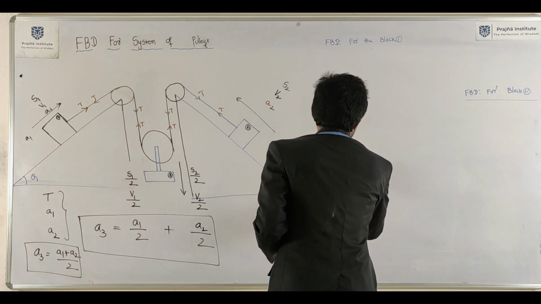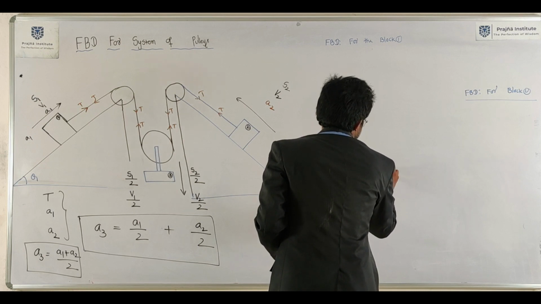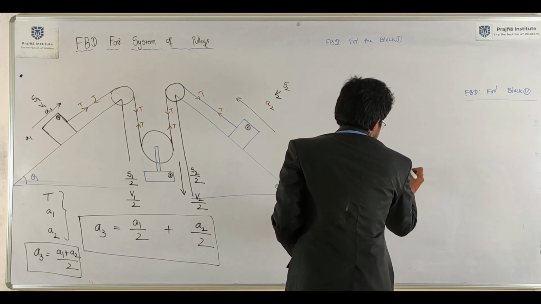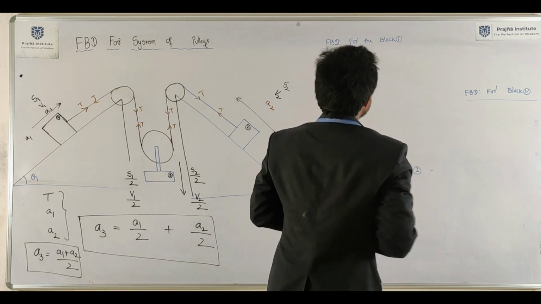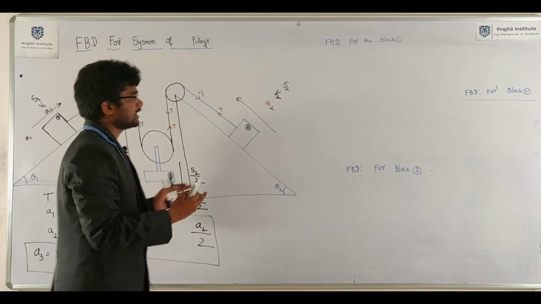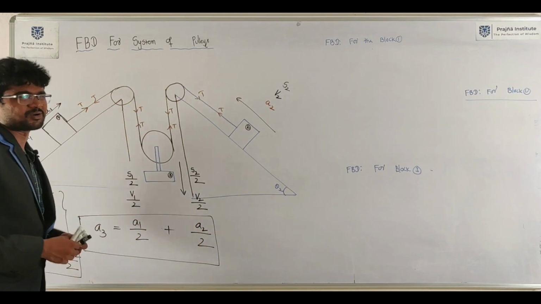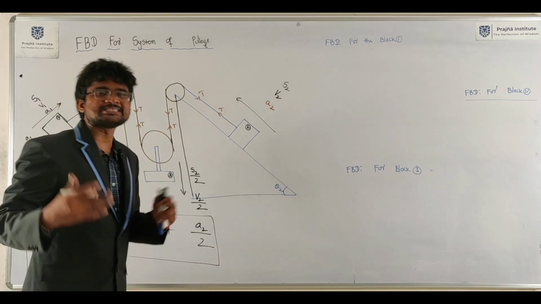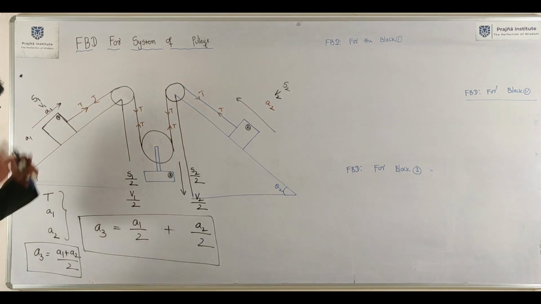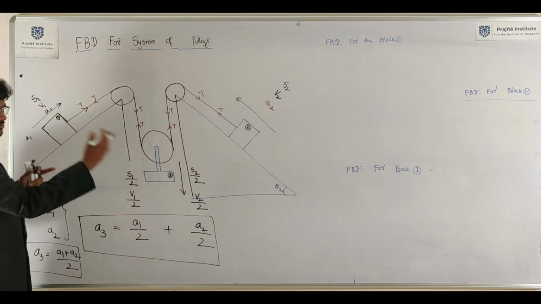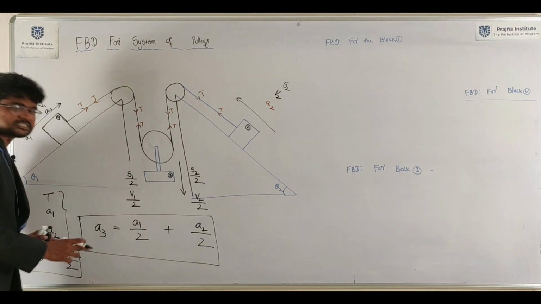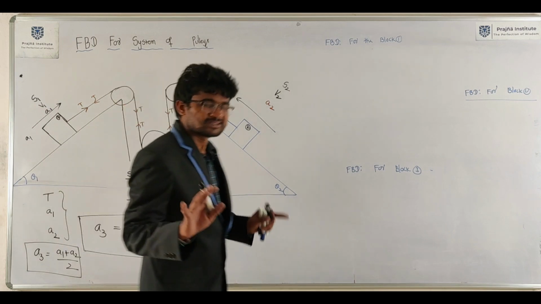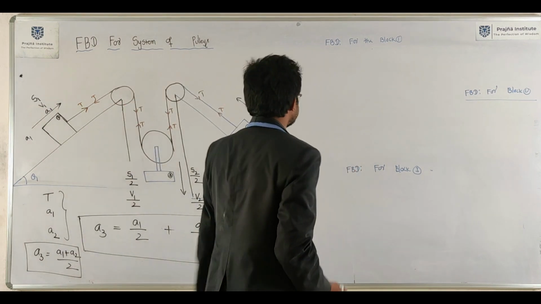Finally, free body diagram for block 3. This is just to show how to draw the free body diagram. It is a very lengthy problem. This type of question won't come in GATE. It is just to see the procedure, how many unknowns there are, and how to write the expression for acceleration A3. Some points are important. That is why we are discussing.